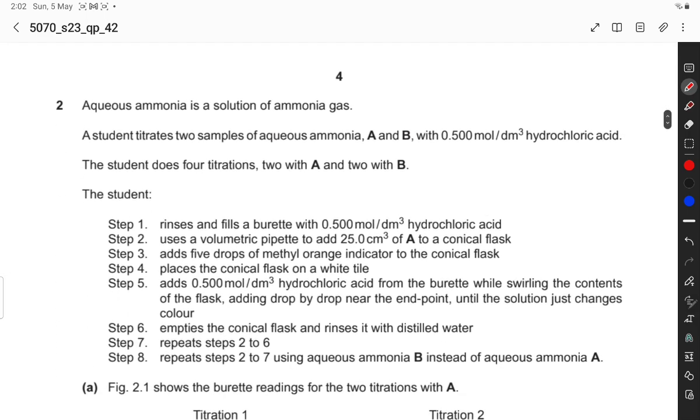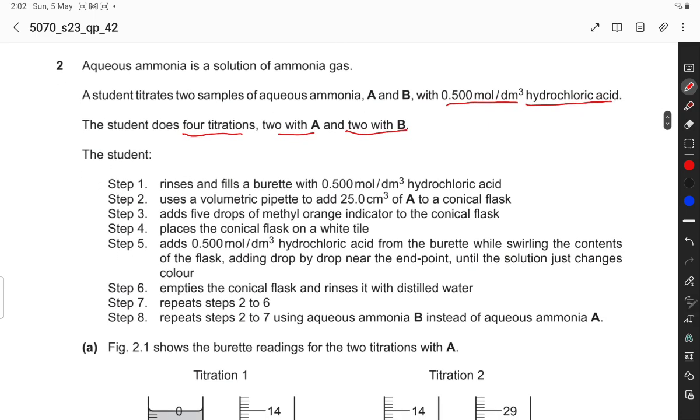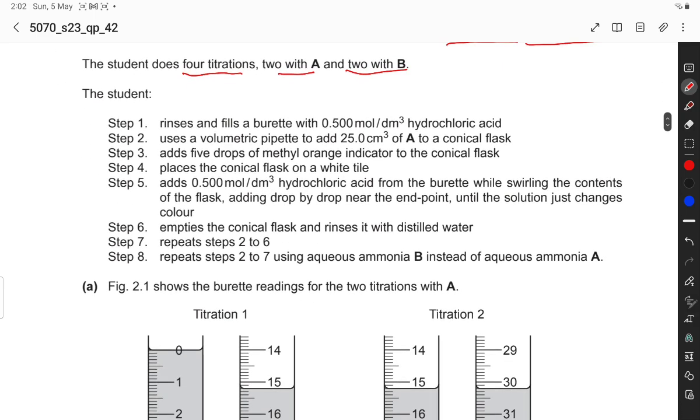Question number 2, aqueous ammonia is a solution of ammonia gas. A student titrates 2 samples of aqueous ammonia, A and B, with 0.500 mole per dm cube hydrochloric acid. The student does 4 titrations, 2 with A and 2 with B. Step 1 rinses and fills the burette with 0.500 mole per dm cube hydrochloric acid.